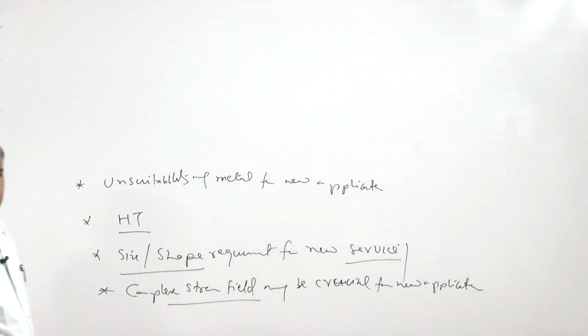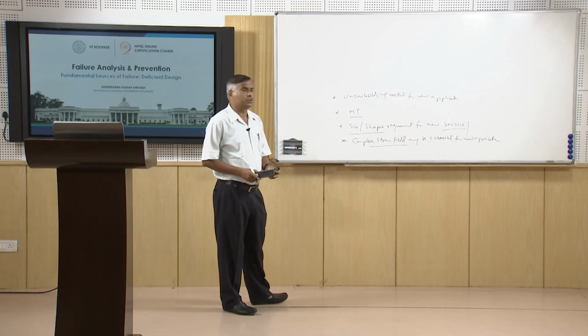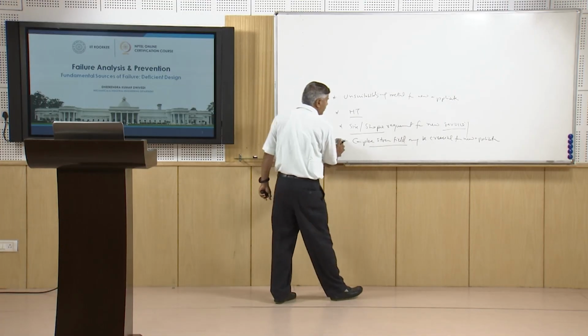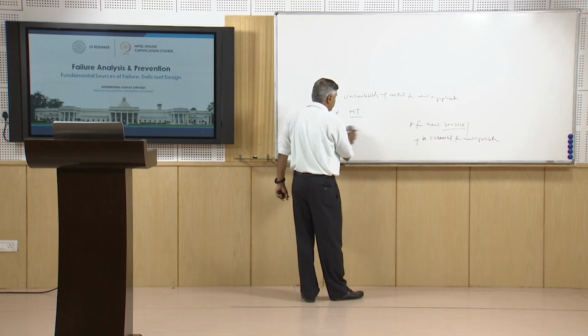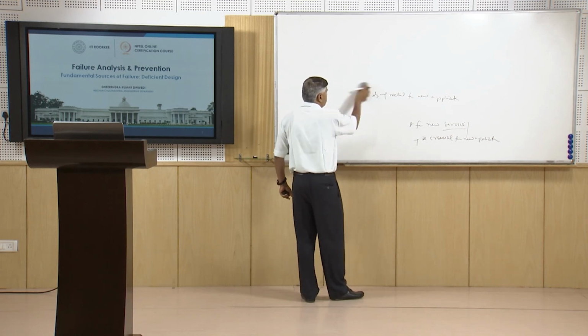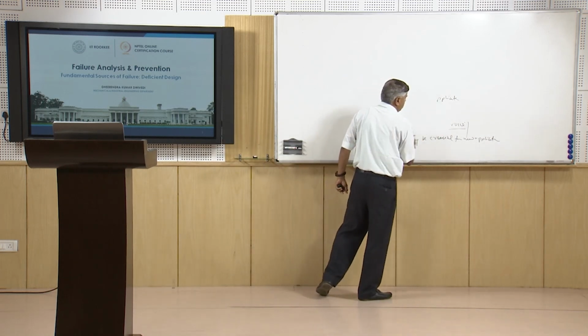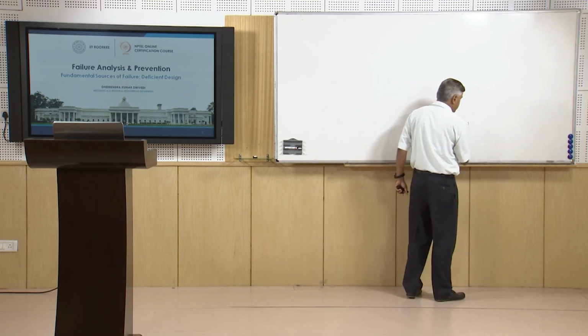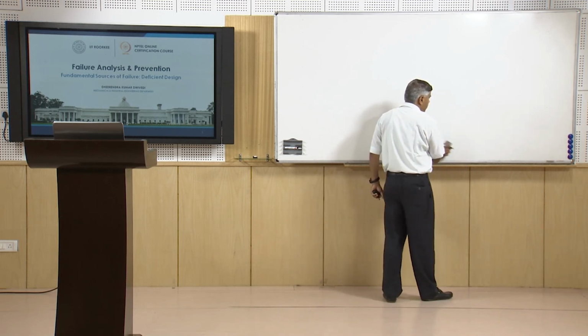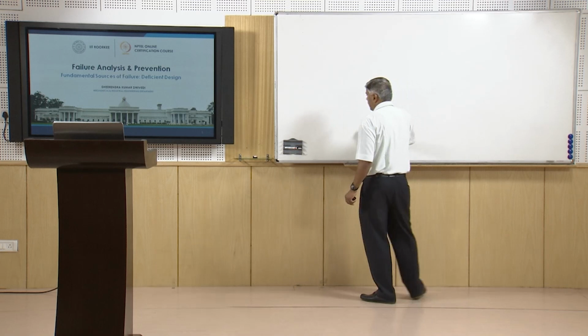Then there is another point, like the presence of the stress raisers which were not that important, but these may be very crucial under the newer conditions because of the complex stress field or the more severe loading conditions. So, they need to be considered differently.